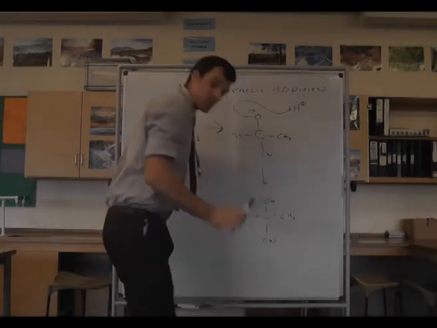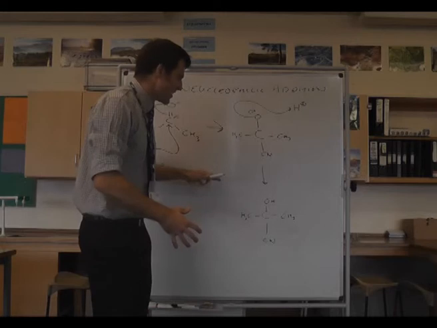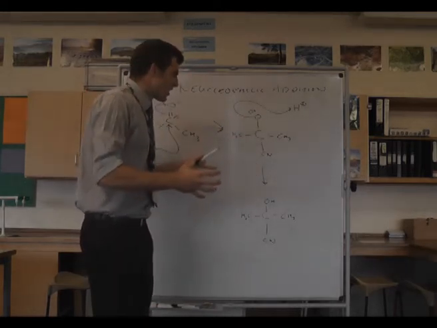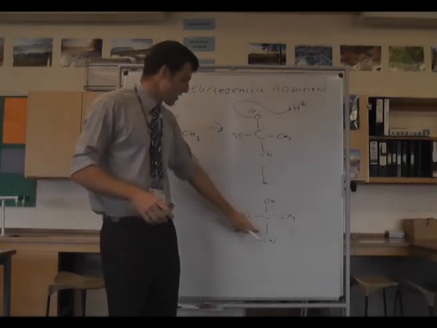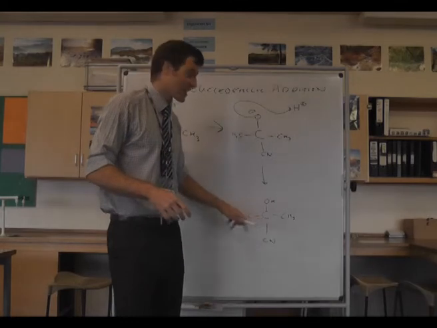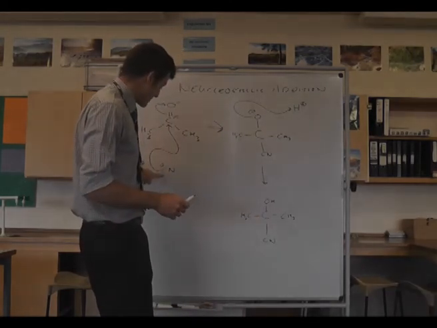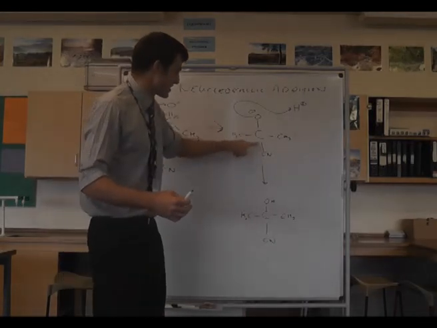Okay. Why we use this in organic chemistry often, and a hint if you're ever looking at a reaction scheme and you see that a carbon chain has gone one bigger, is that this is a good mechanism for adding carbons into carbon chains. What you can do is this nucleophile has its nucleophilic centre on the carbon, so we can use this to add an extra carbon to this chain.